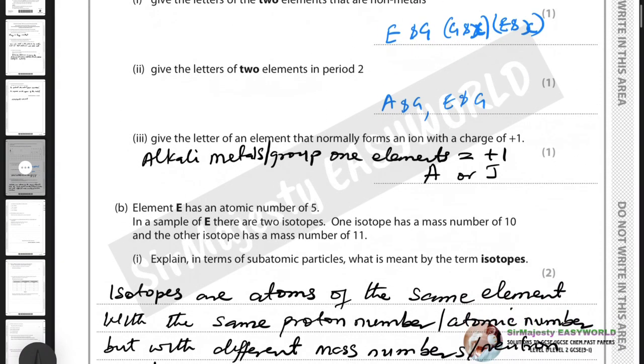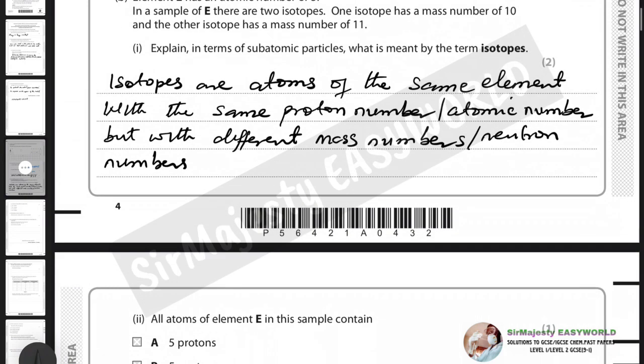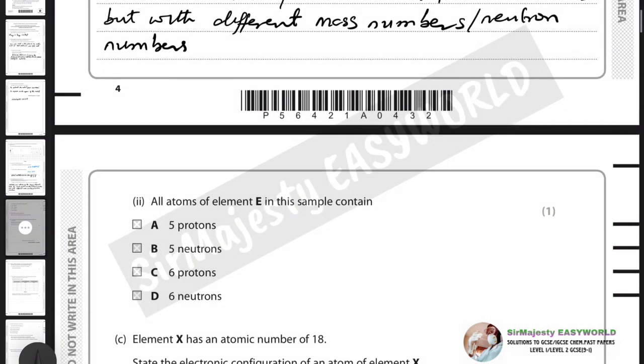They made it clear there that the atomic number is 5, and I've told you that atomic number means the number of protons only. Remember, for a neutral atom, take note, atomic number is also the number of electrons. For example, if I write sodium and put 11 here, this is neutral because there is no charge. I didn't add plus or minus. Therefore, the proton number here is 11, electron number here is also 11.